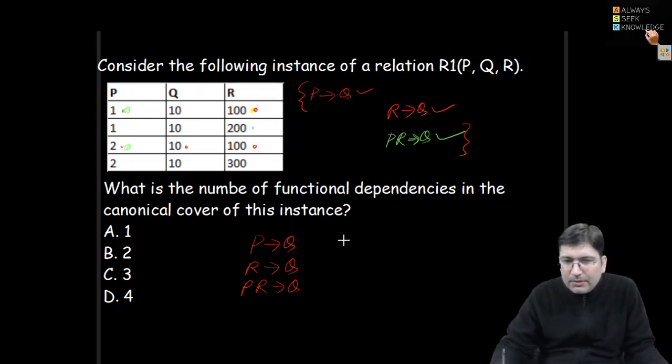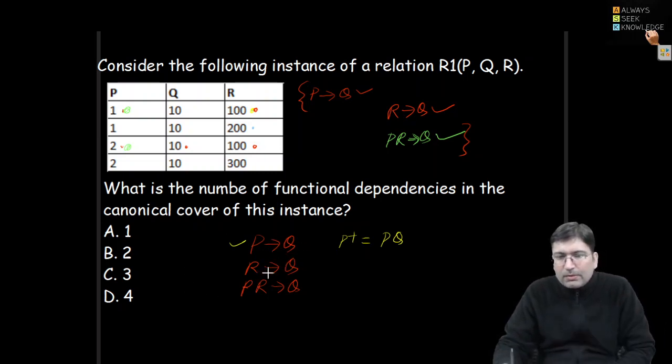So if you consider the very first thing, if you calculate the P closure, it will give us PQ, right? And if we do not consider this rule, then without this, if we calculate P closure, we will not be able to find out PQ. So that means this is essential. It will be part of the canonical cover.